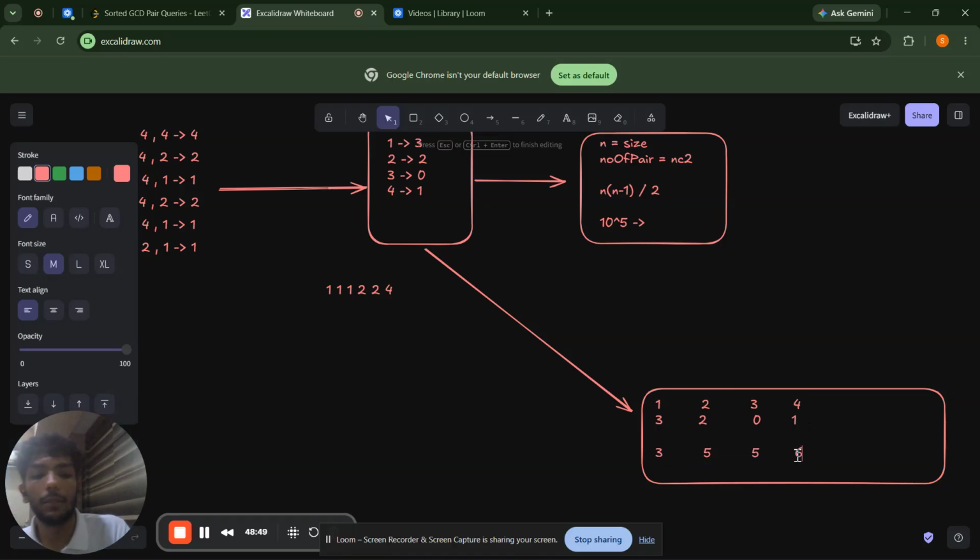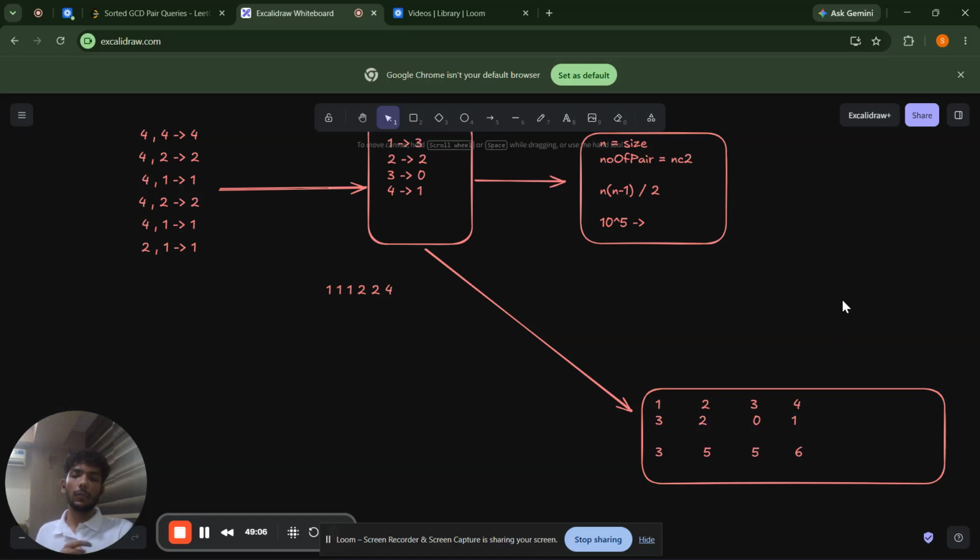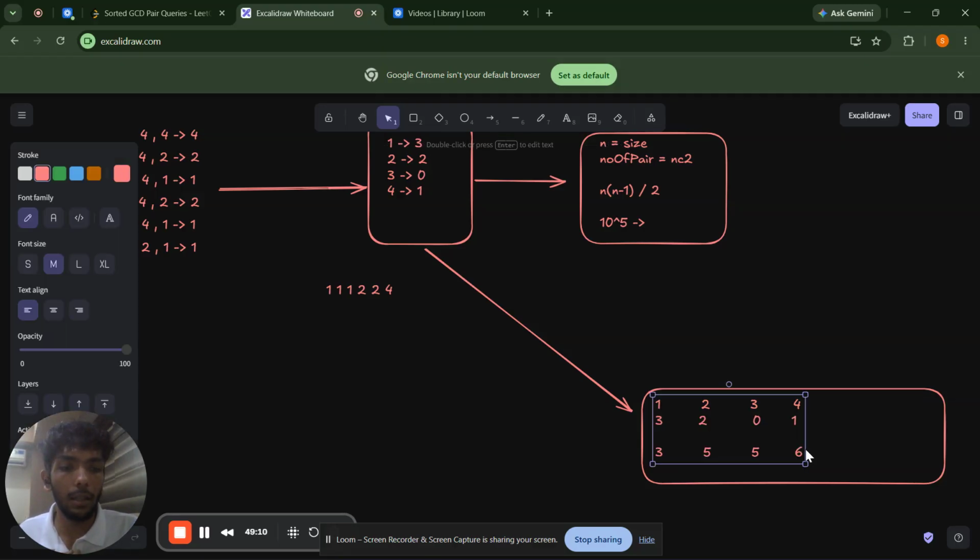So it should be 6. So you can say that for 2, the sum till previous plus itself. For 4, the sum till previous and then the sum of itself. Okay, we got it. There are 6 elements in the array, 6 also.